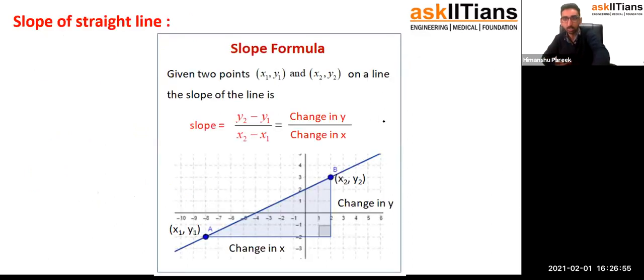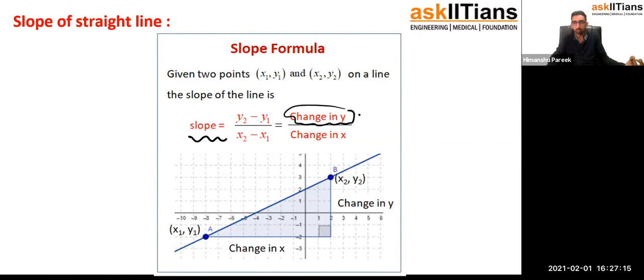Okay, so now let us go back. That's what we call the slope: the change in value of y with respect to the change in value of x. So here you can see for this particular straight line, y is changing from y1 to y2. So how much is the change in y?